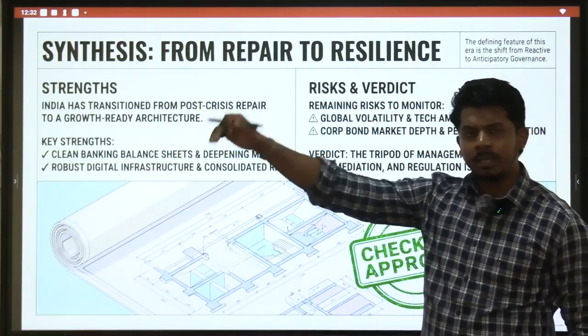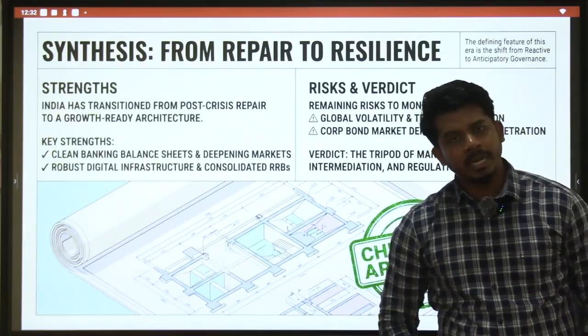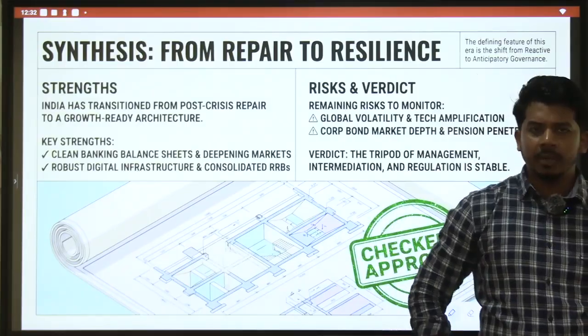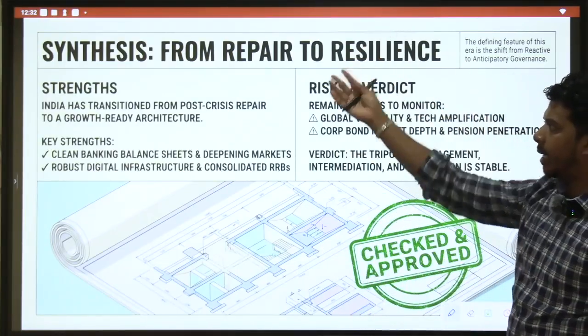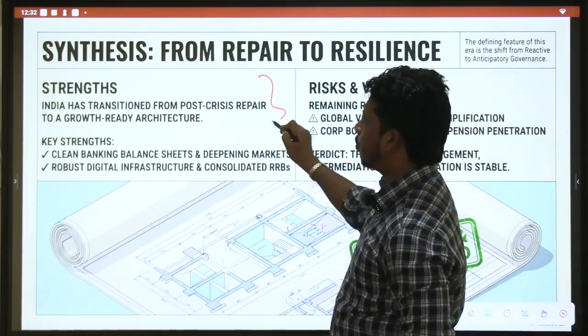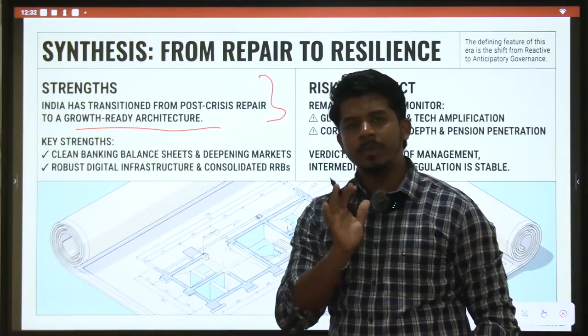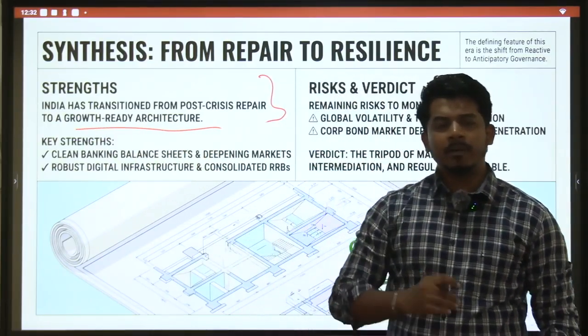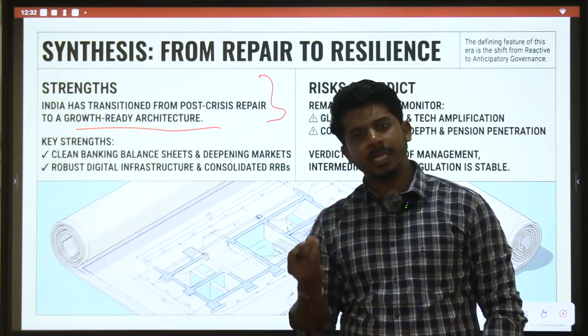So we have seen the monetary management and regulatory fine-tuning section of this chapter 3. If I have to summarize the entire thing, India has come from the post-crisis era to a growth-ready architecture. We are improving in so many aspects. Our credit growth is increasing, banks have improved, and RRBs' credit is increasing.